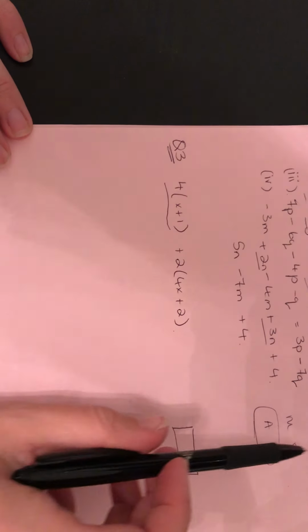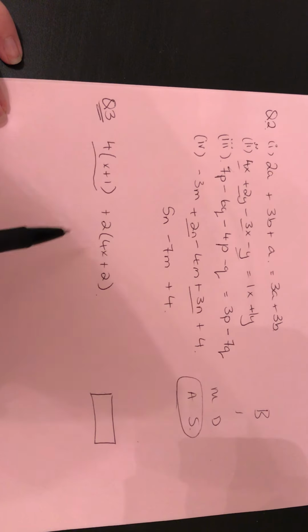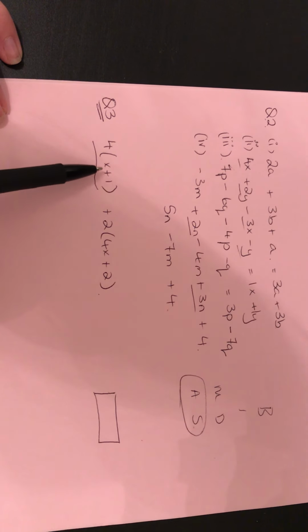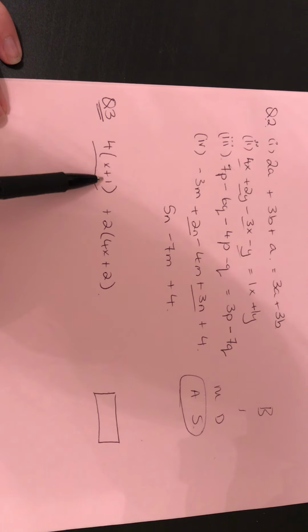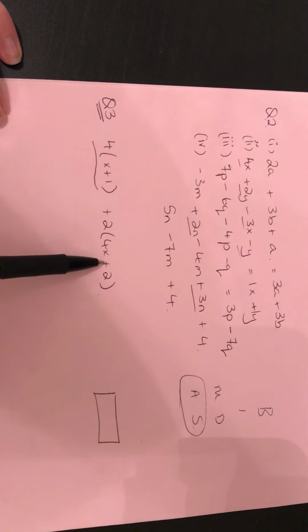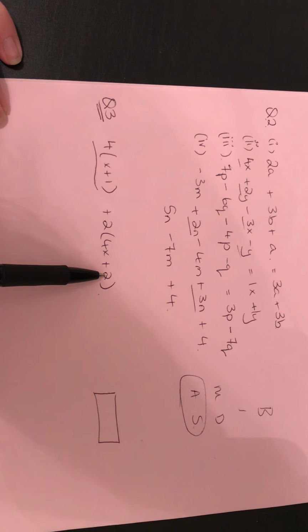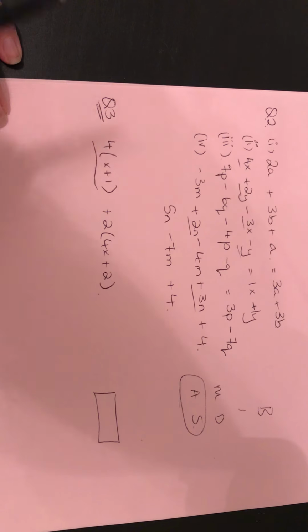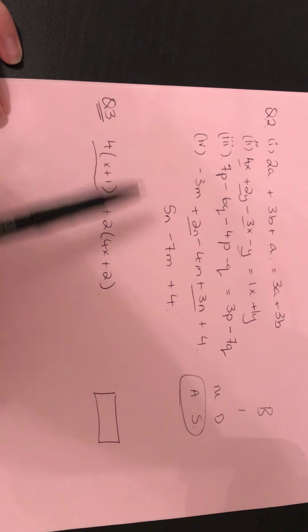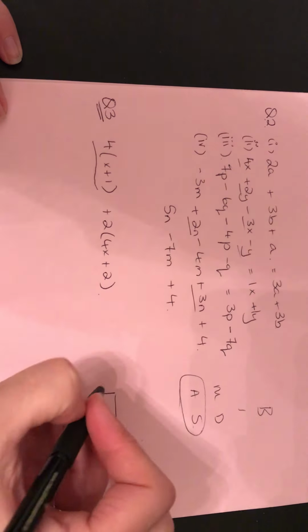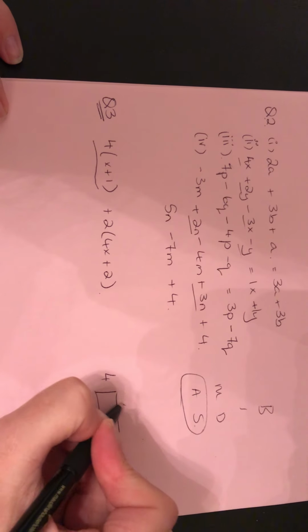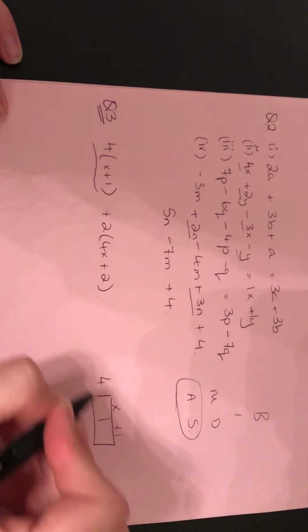It looks a bit complicated, so if I look at BIMDAS, is there anything to be done in the brackets? Well, can you add those? No. Can you add those? No, we can only add things and subtract things in algebra that are the same. Is there any indices? No. Is there any multiplication? Yes. So whatever way you do your multiplication, that's fine.